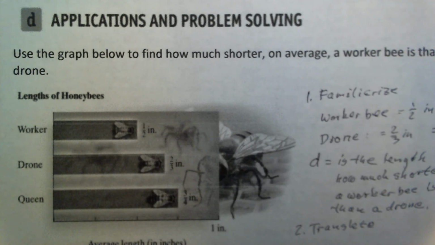So the drone length minus the length of the worker bee is equal to d. Or 2/3 minus 1/2 is equal to d.